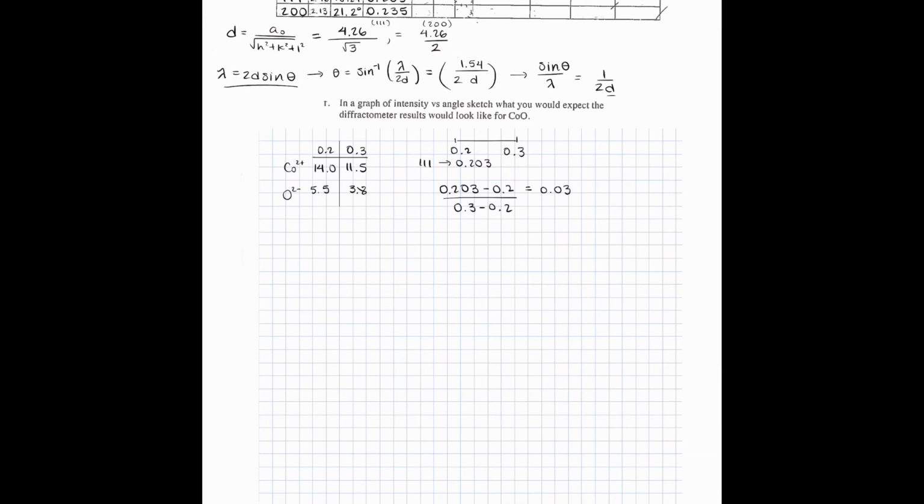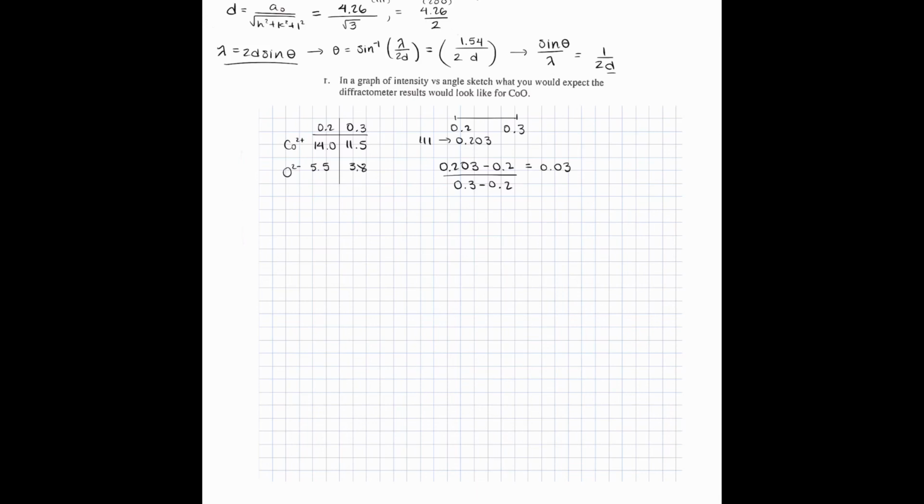So now we need to figure out what value of f is 3% away from 5.5 and 14.0 for oxygen and cobalt respectively. All right, so for oxygen, we're going to say some value x minus 5.5 over 3.8 minus 5.5 is equal to the 0.03 or 3%.